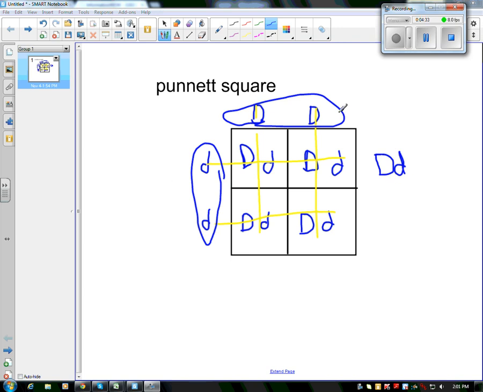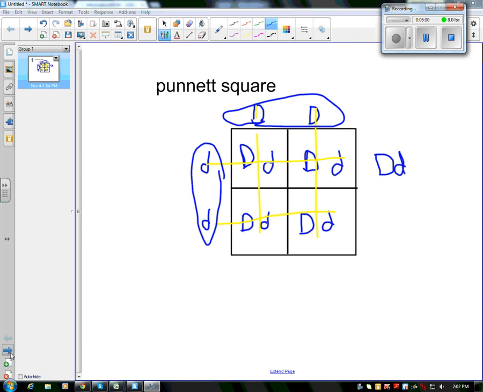A purebred tall and a purebred short or dwarf will come out with genotype big D, little d. Now, what does that mean for the phenotype? The phenotype is how it looks, correct, what you could see. So all of these plants would be regular height, correct.